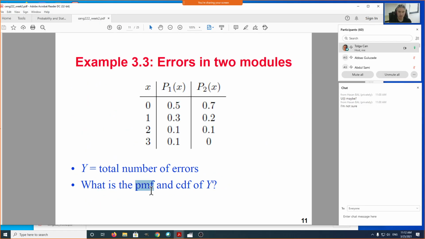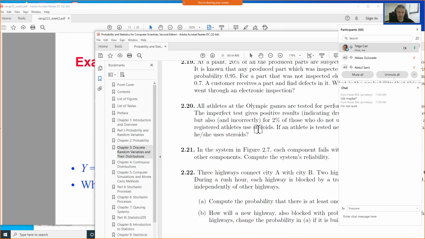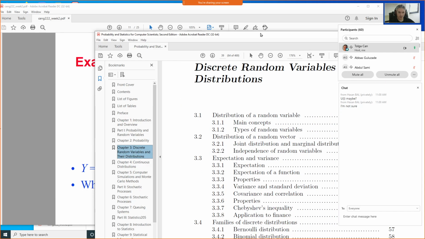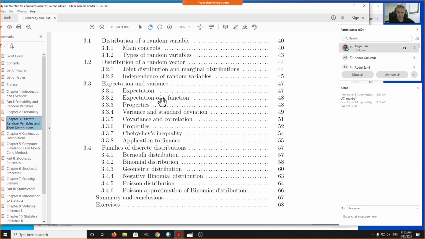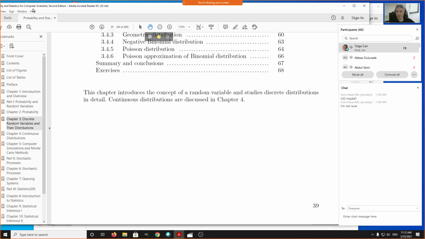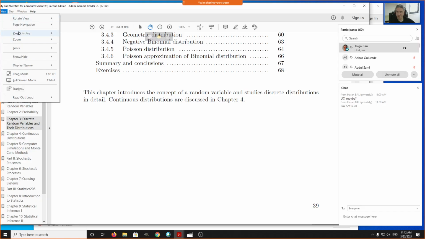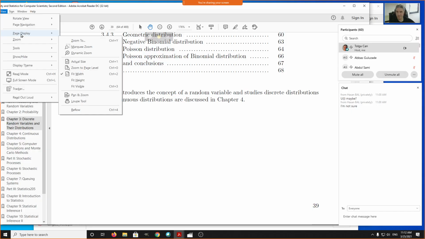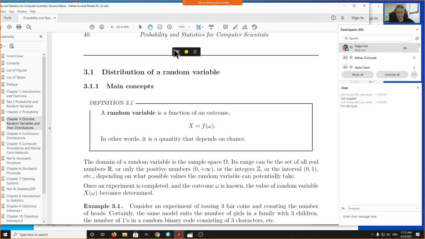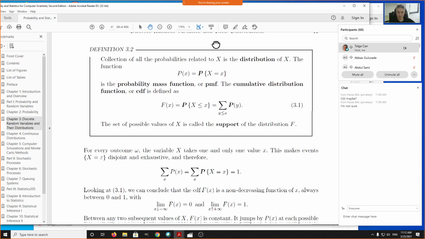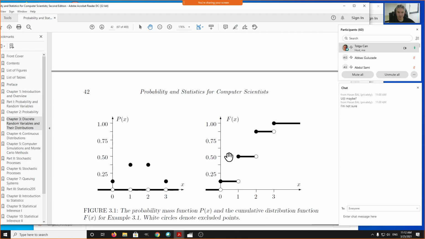Okay, let me show you in the book how this example looks. Let's go to chapter 3. We have seen this one.